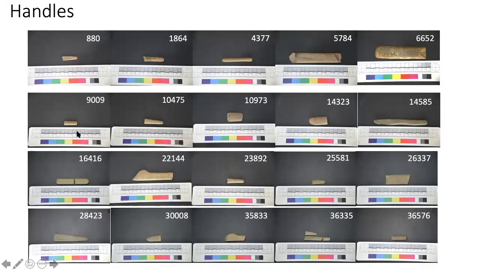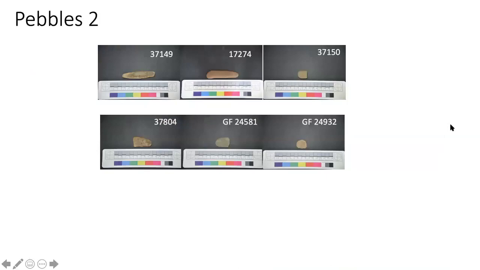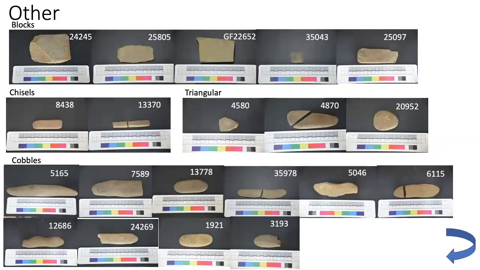Once again, some are obviously handle-shaped, and some less so. Then I have pebbles. And then I've got another category that includes blocks along the top, a couple of chisel-shaped ones, triangular, and then cobbles, which I just identified as being slightly larger than the pebbles, but some similar shapes.